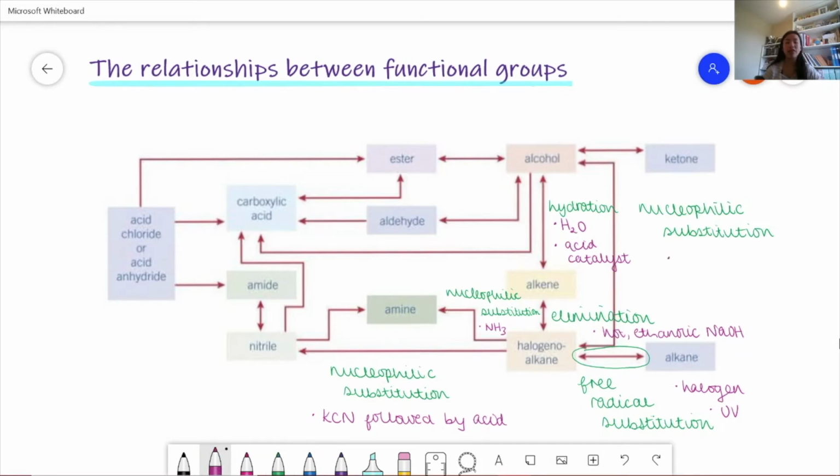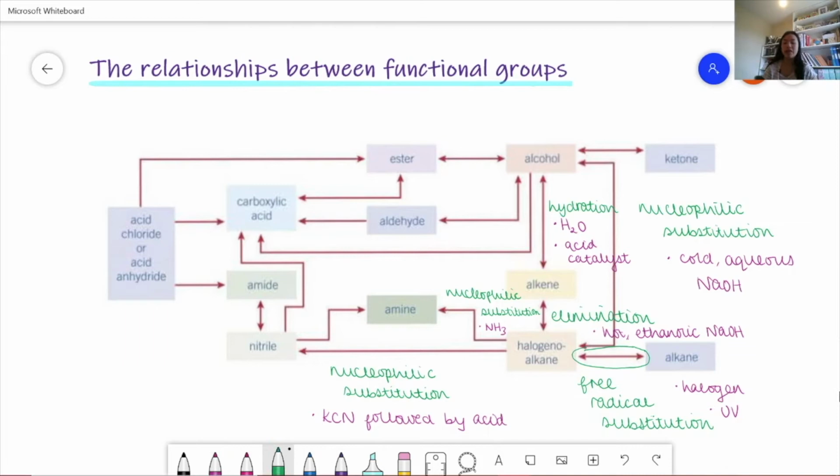But this time, instead of it being hot and ethanolic, like when we had the elimination reaction, we need it to be dissolved in water. So we need it to be aqueous and also cold. So we have cold, aqueous sodium hydroxide or potassium hydroxide.